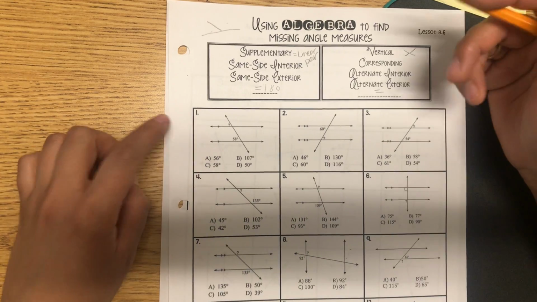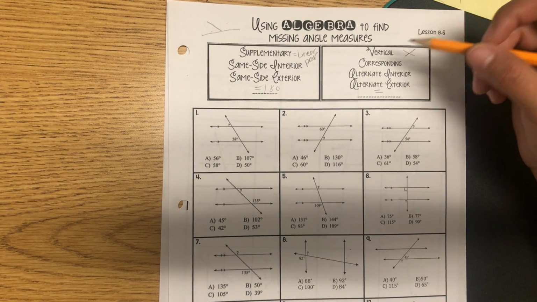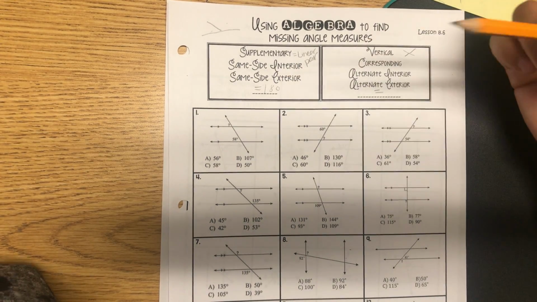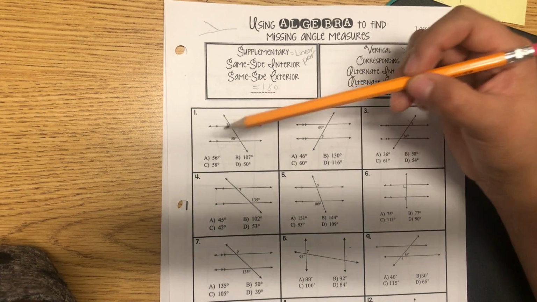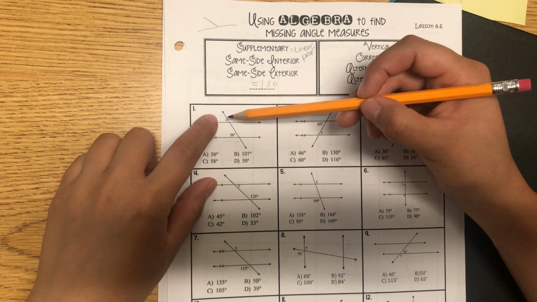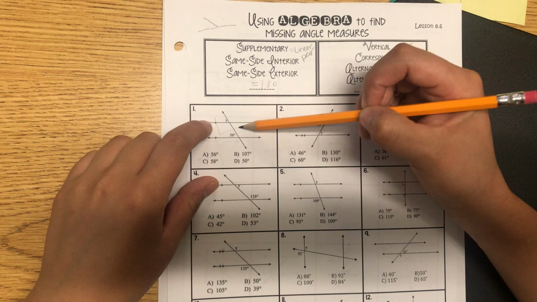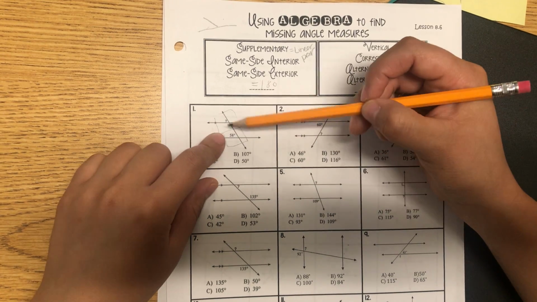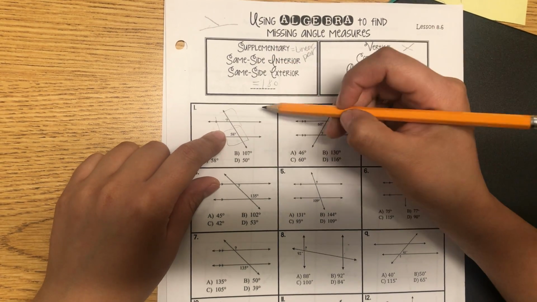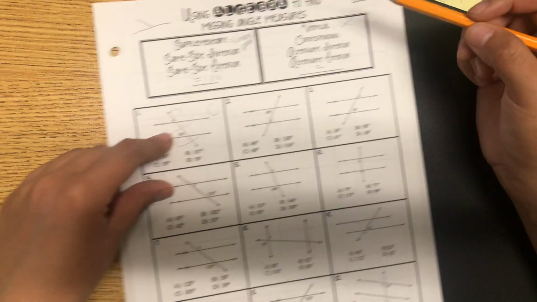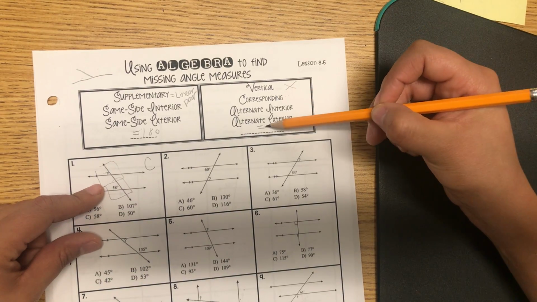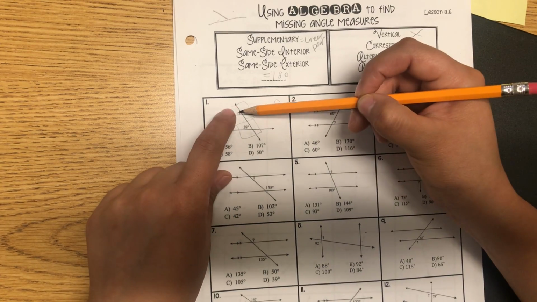So if I look at number 1, this is what you're going to practice today. They want us to find this missing angle. Well, first we need to name it. Because one's inside, one's outside, and you think about it as two different groups here, they're in the same position. This is called corresponding. And since it's corresponding, I know my angles are equal, which means if this is 58 degrees, then so is this.